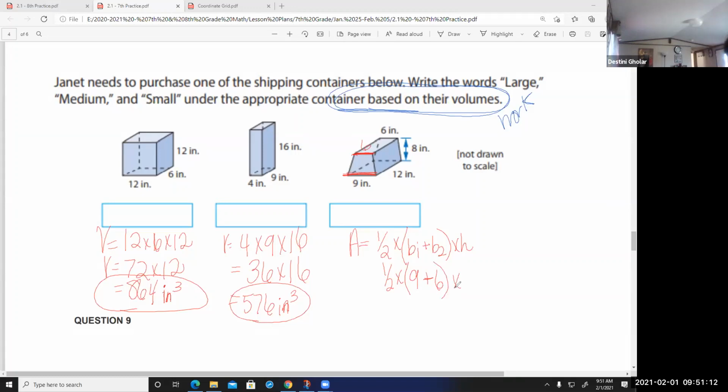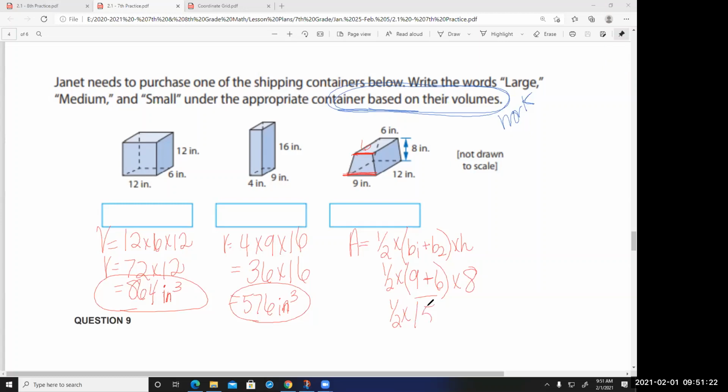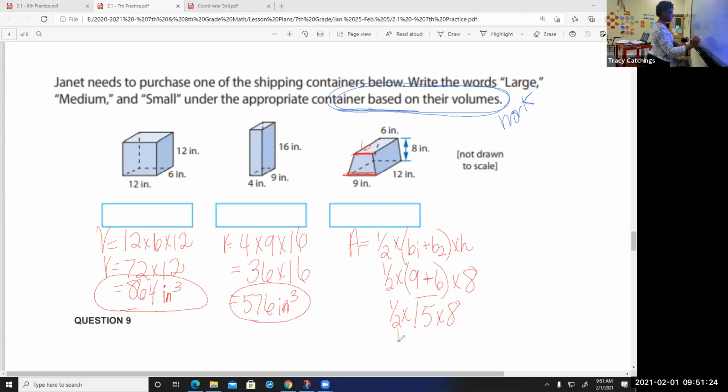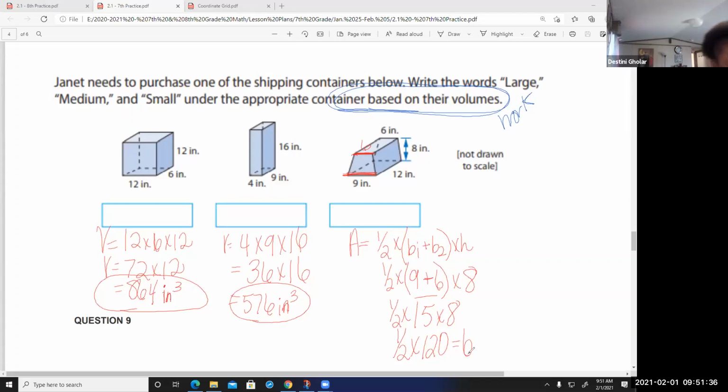Height? 8. 9 plus 6 is 15. 15 times 8 is 120. Half of 120 is 60. And so the volume would be the base times the height.